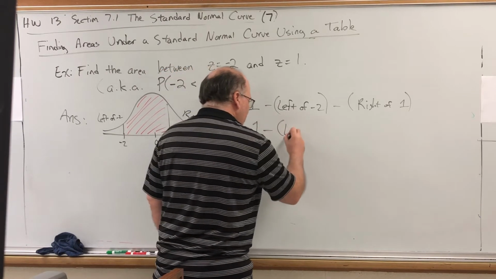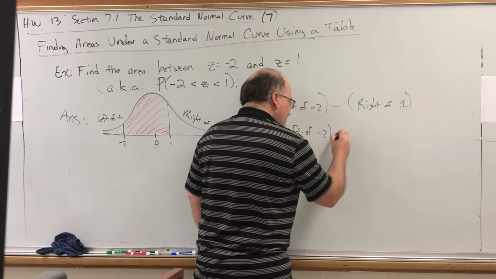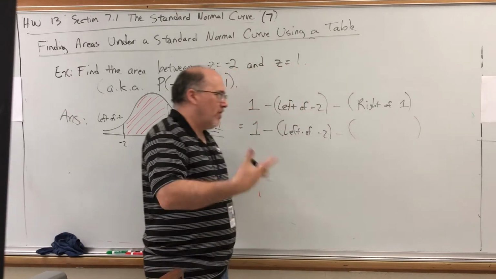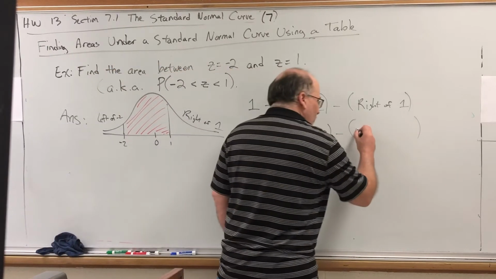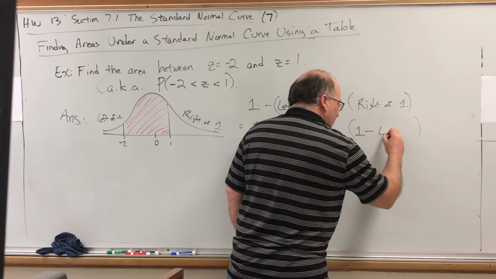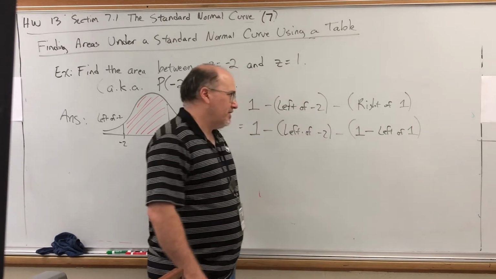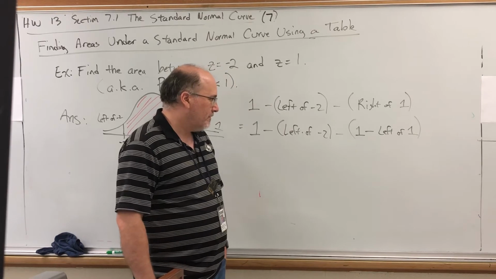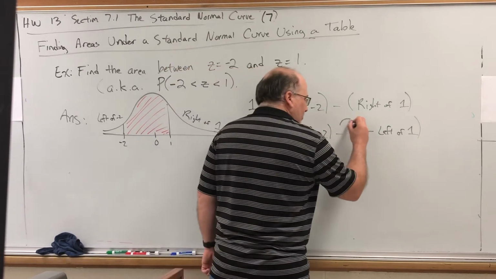The way we find the area to the right of a number is 1 minus the area to the left. So if I did 1 minus the area left of 1 inside that second parentheses, and then I have a minus in front of a parentheses, I can distribute the negative.